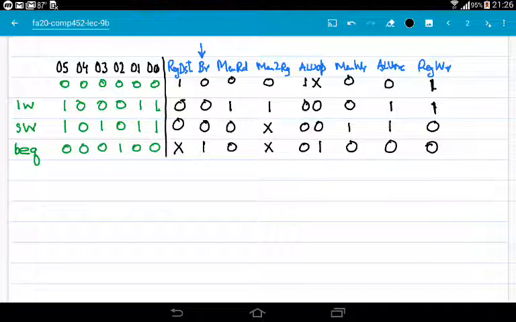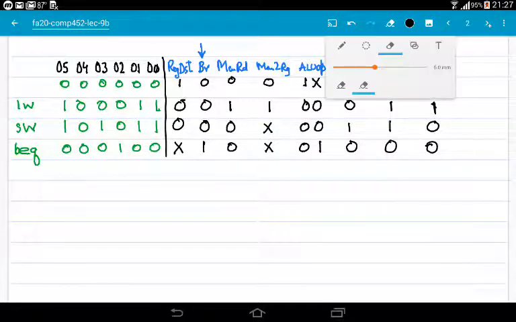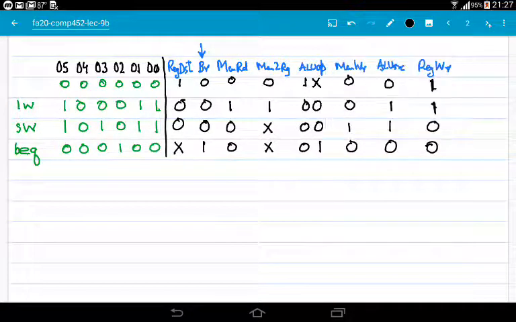So what I'm going to do now is tell you to read the subsection. This is reading assignment. Oh, I'm sorry, I'm still using eraser.